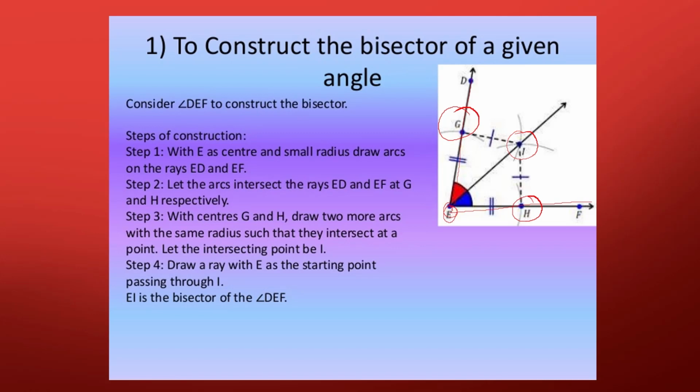Step 3, with centers G and H, draw two more arcs with the same radius such that they intersect at a point. Let the intersecting point be I. Here is I. Now, in step 4, draw a ray with E as the starting point passing through I. Here you see we have drawn this line which passes through I, and EI is the bisector of the angle DEF.